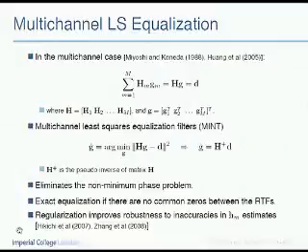The one issue I'm going to look at here is the multi-channel least squares equalization. Instead of having one filter per channel equalizer, you can have a combination of filters which altogether equalize the signals and give you one output.